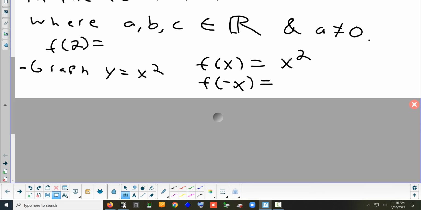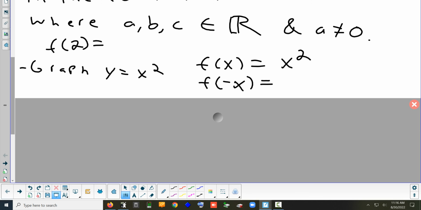So yes, replace the x value with a 2. How about in this one? What are we doing? Something might happen, but what are we actually going to write down on the right hand side?